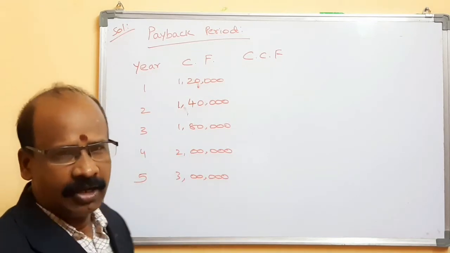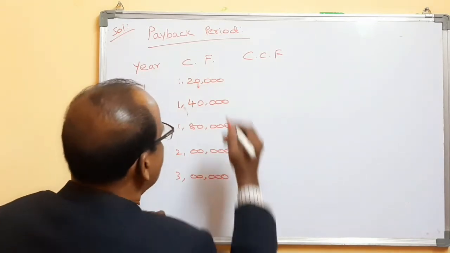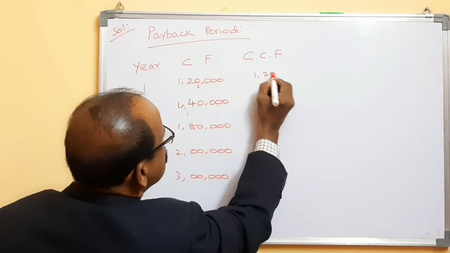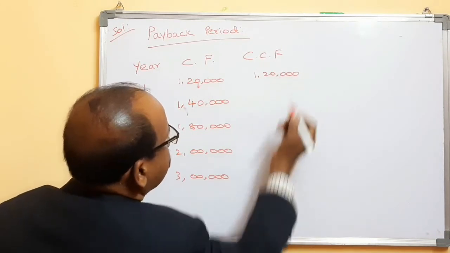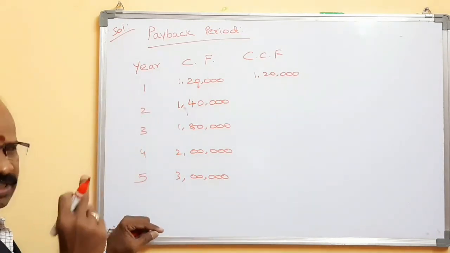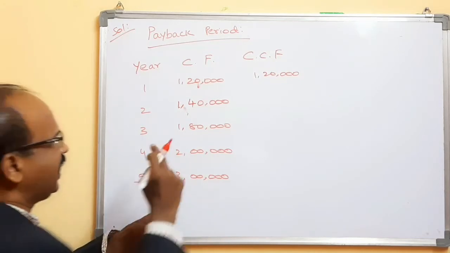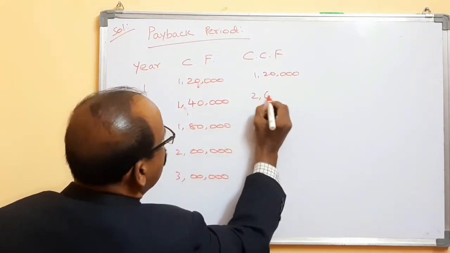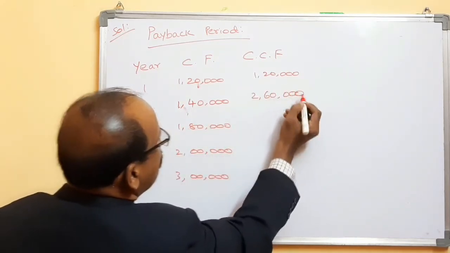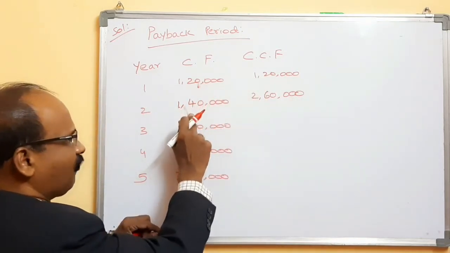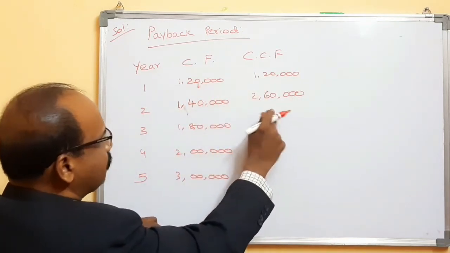Now you calculate cumulative cash flows. First year you take as usual 1,20,000. Second year, first year cash flow plus second year cash flow, 1,20,000 plus 1,40,000, we get 2,60,000.